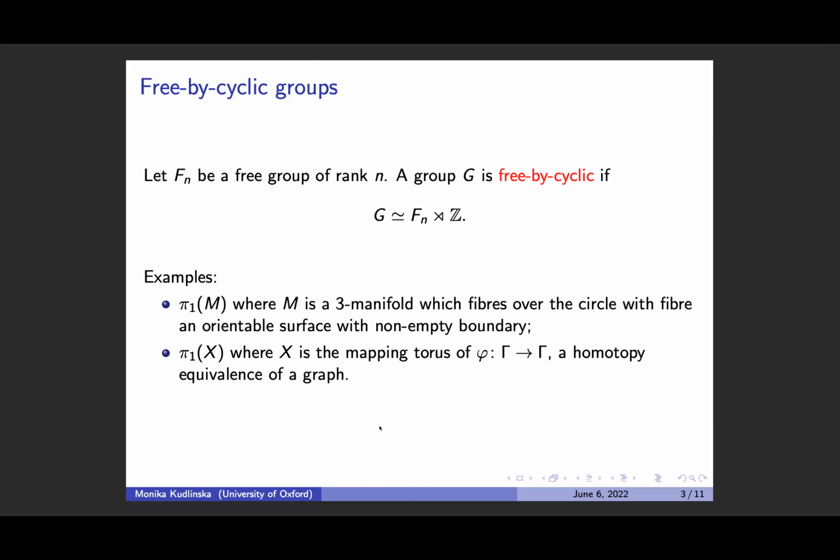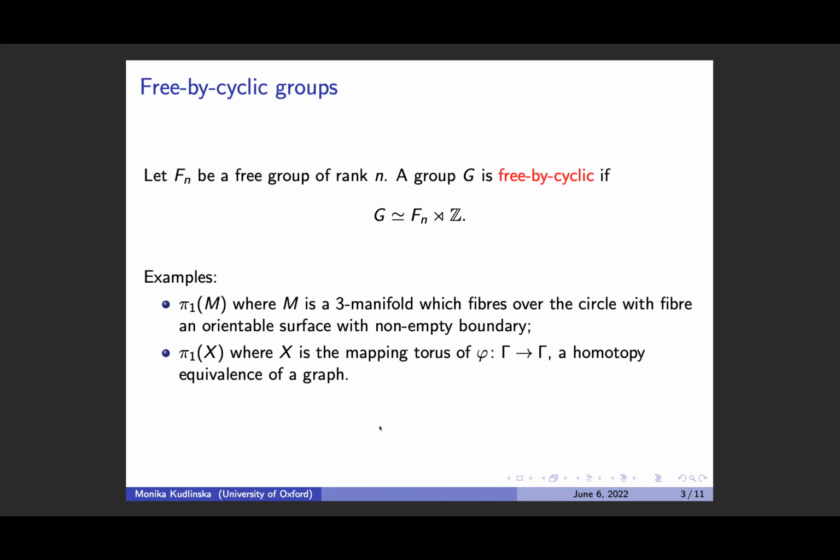So I can never realize polynomial growth of degree higher than 1. Whereas in the case of homotopy equivalences of graphs, you really can get polynomial growth of any degree that you fancy. That's one way of seeing that these are not all three-manifolds, and there are other more subtle ways to see that as well. So generically speaking, a free-by-cyclic group is not the fundamental group of a three-manifold.